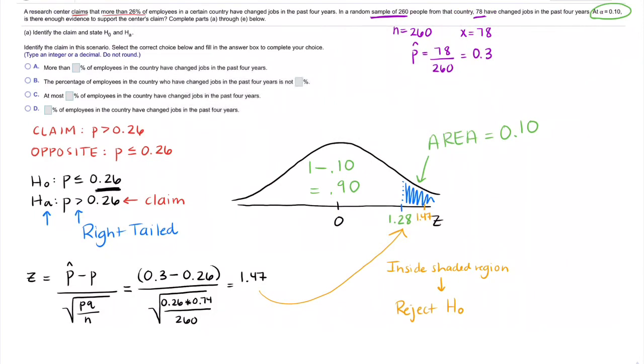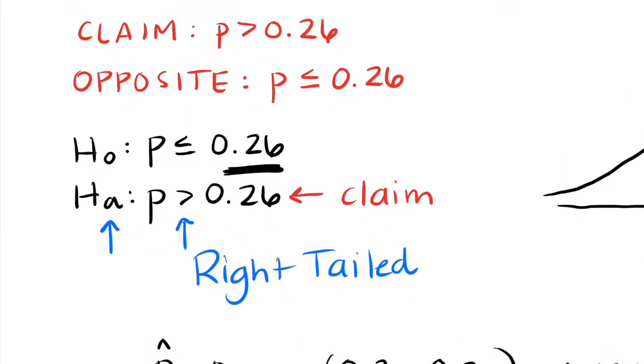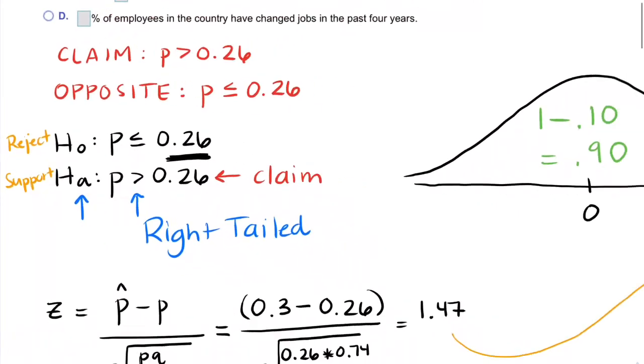Now, we talked a little bit about the interpretation step, and you do have to be careful about that one here because your claim is not actually the null. Your claim is the alternative. So you want to come back up here and think about what that would mean if you were to reject the null hypothesis. Then by default, that means you support the alternative.